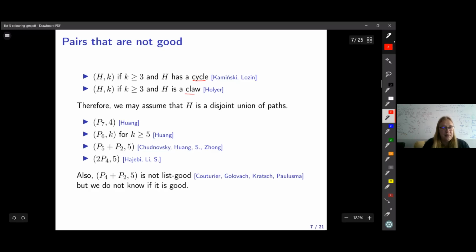And here's a list of them. And all of these are hard for coloring, which makes them also hard for list coloring, because list coloring is harder than coloring. It's a generalization, with the exception of P4 plus P2, which is hard for list coloring, but I don't know if it's hard for coloring if we're looking at 5 coloring.